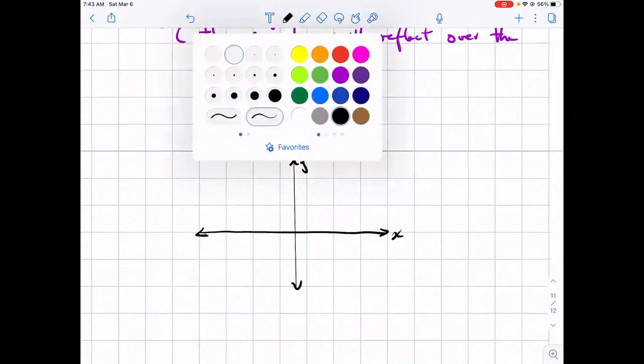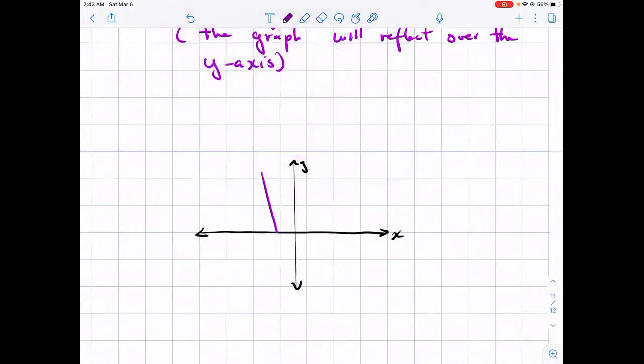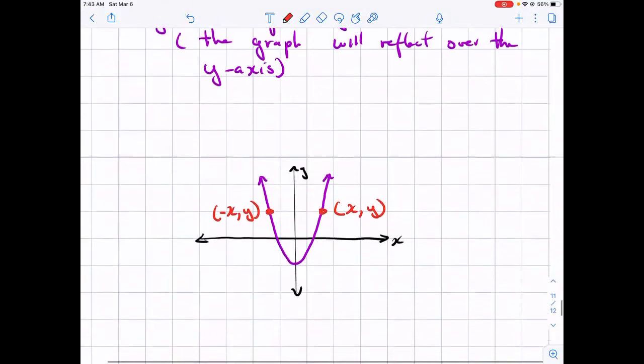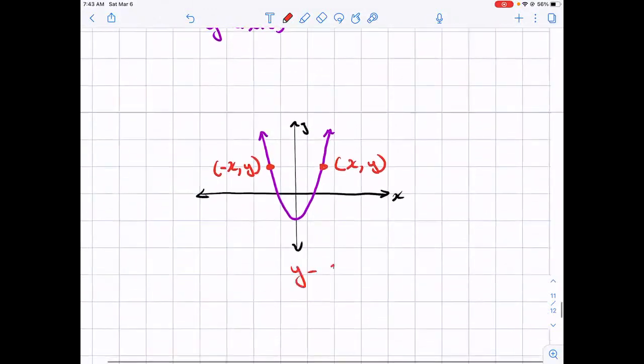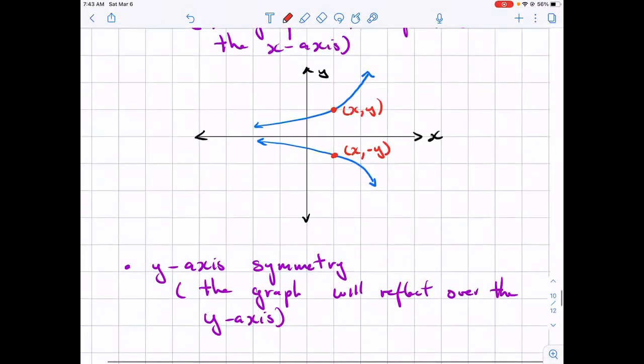We've seen that we can have a graph that looks like this, where if this is some x comma y, this point here becomes minus x comma y. So notice that the x value changed. So here we have y-axis symmetry. This one here was x-axis symmetry.